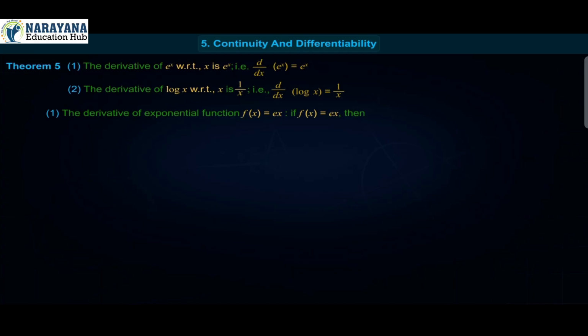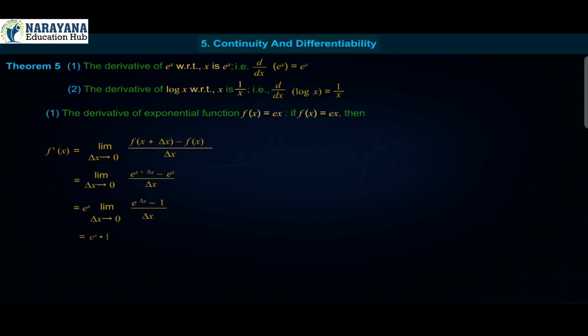If f of x is equal to e raised to x, then f dash of x is equal to limit delta x tends to 0 f of x plus delta x minus f of x upon delta x is equal to limit delta x tends to 0 e raised to x plus delta x minus e raised to x upon delta x is equal to e raised to x into limit delta x tends to 0 e raised to delta x minus 1 upon delta x is equal to e raised to x into 1, because limit x tends to 0 e raised to x minus 1 upon x is equal to 1.